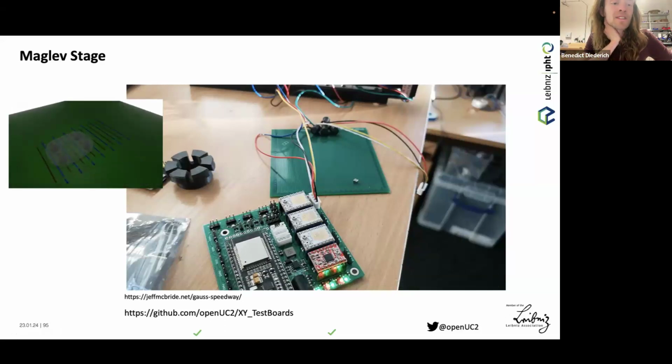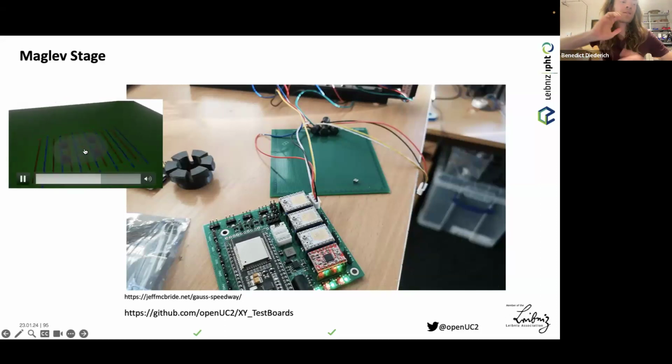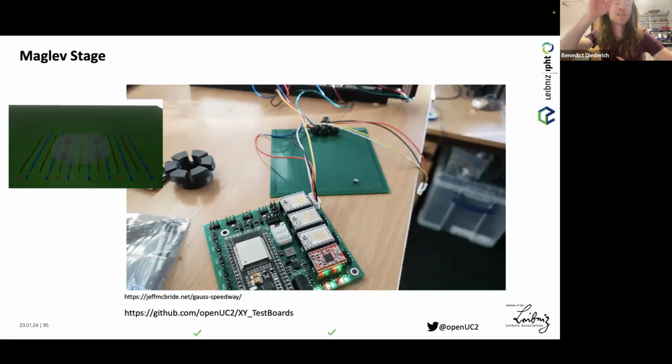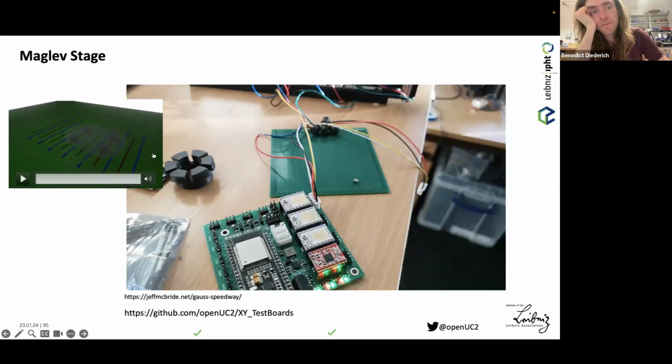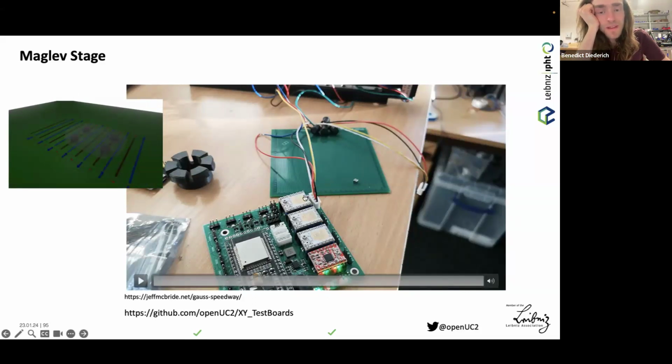The magnetic fields are essentially just causing motion. That's what you see here. If you alternate the current through the different lines, the car is moving back and forth. And that's all very nice if you want to move a sample in one direction.